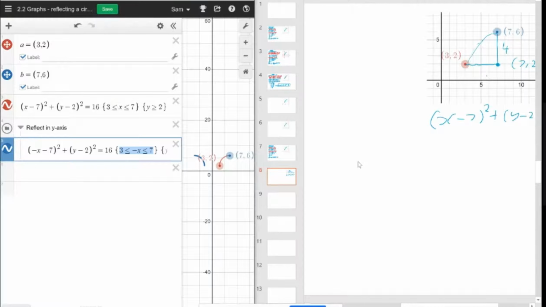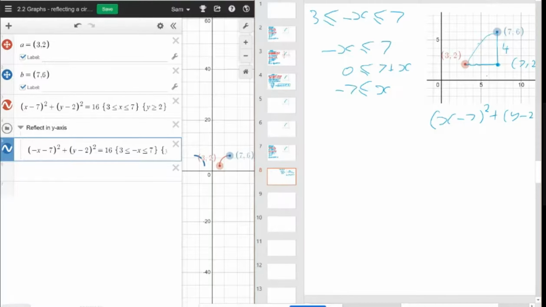We have got 3 is less than or equal to minus x, which is less than or equal to 7. How can we write this nicer? I'll just take the first part, the second part. Negative x is less than or equal to 7. I'm going to add x to both sides, take away 7 from both sides.